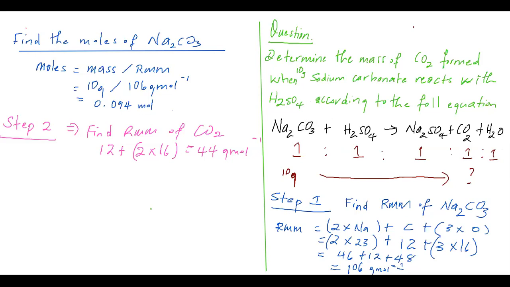We worked out the number of moles of sodium carbonate, so we can use this information to tell us about any other substance in the equation. We just need to know the ratio between the sodium carbonate and that other substance. That is when you use your knowledge of the mole ratio.